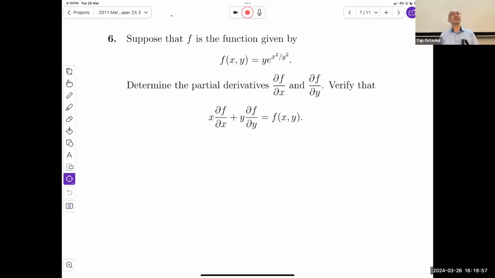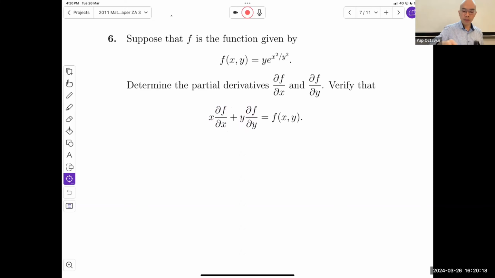So still partial derivative. Over here, the thing that they test is the exponential function. We need to prove this. If you're steady in your partial differentiation, this question is not difficult.